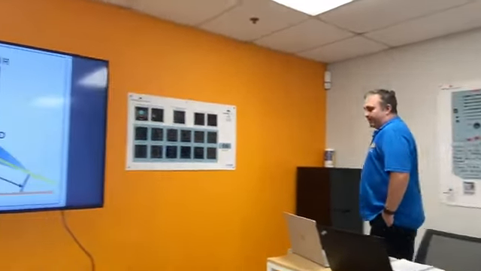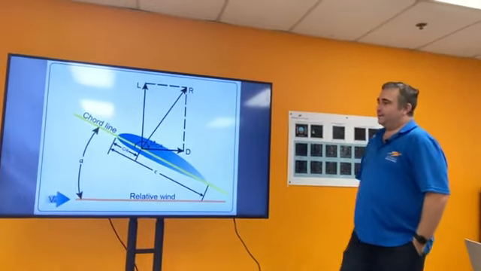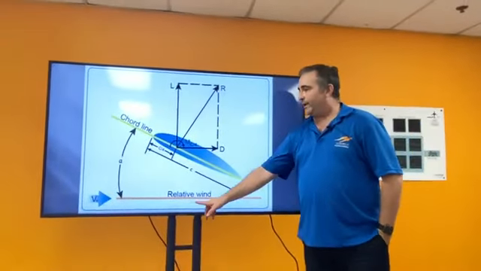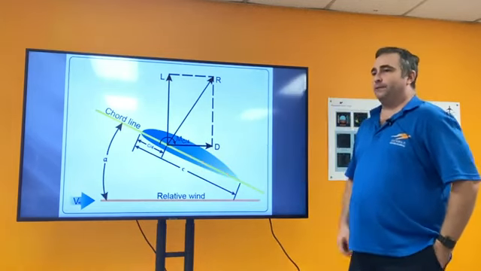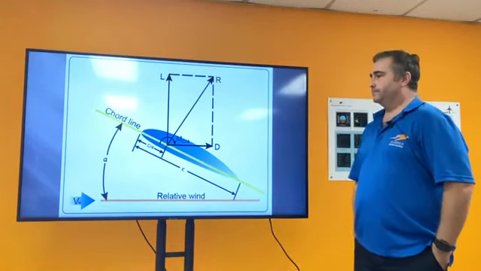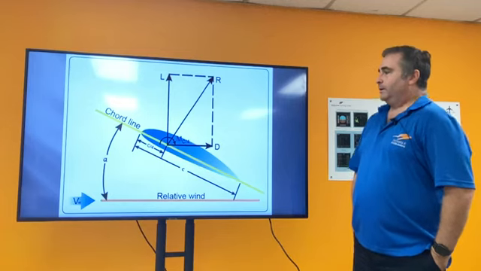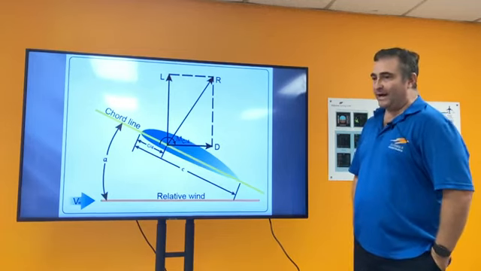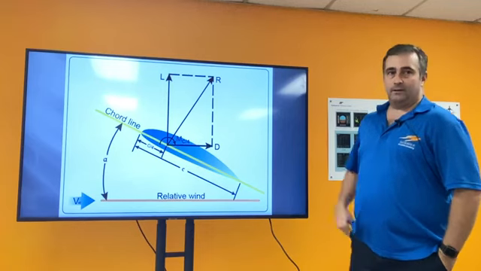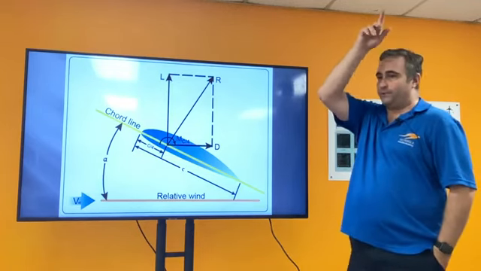Okay. Speaking of chord line and back kind of into our realm, we need to discuss the relative wind and the angle it makes with the chord line. Relative wind. If I say relative wind, I know you gentlemen know 100%.